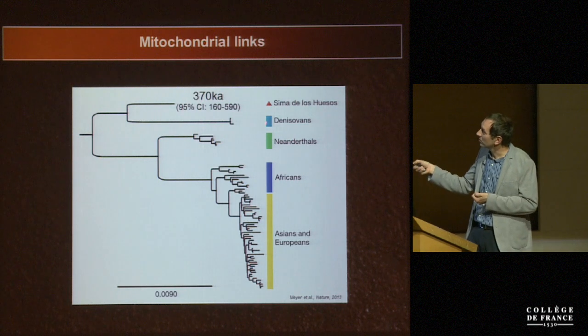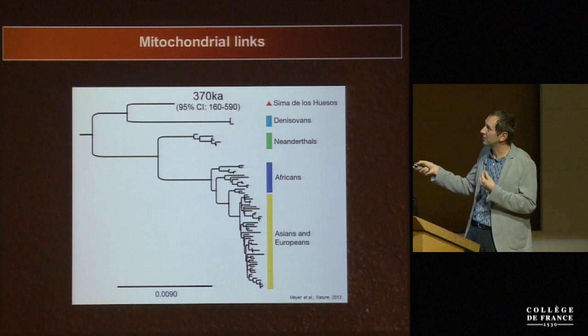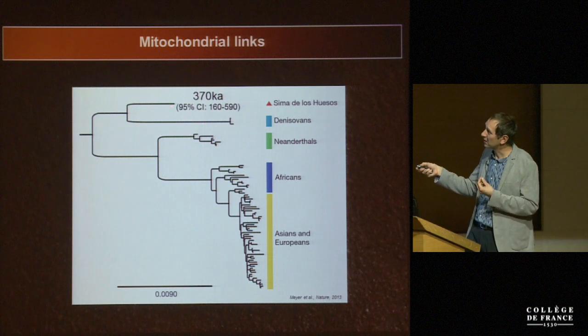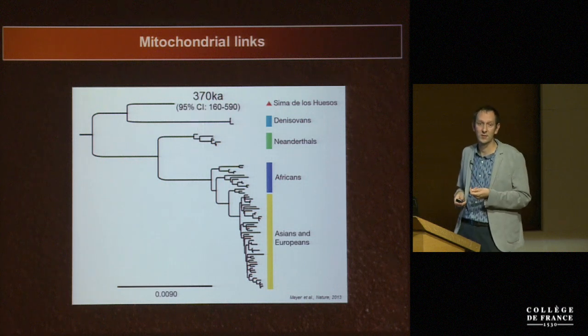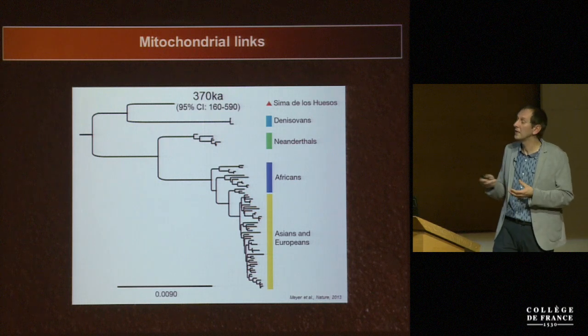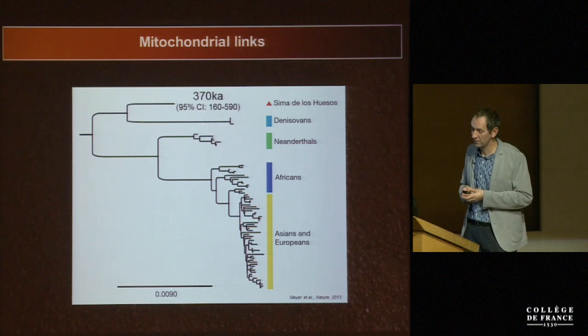You can also try to come up with a date of the fossil based on the number of missing mutations here, and then you end up very similar to the geological date of the site, about 400,000 years ago, even though the confidence intervals are very large.